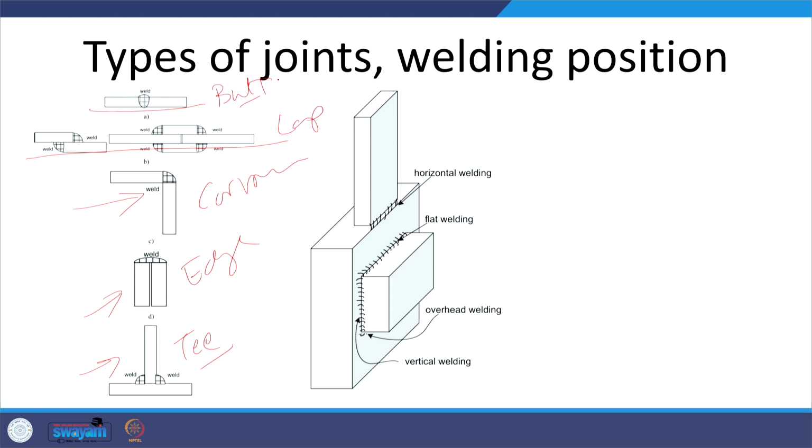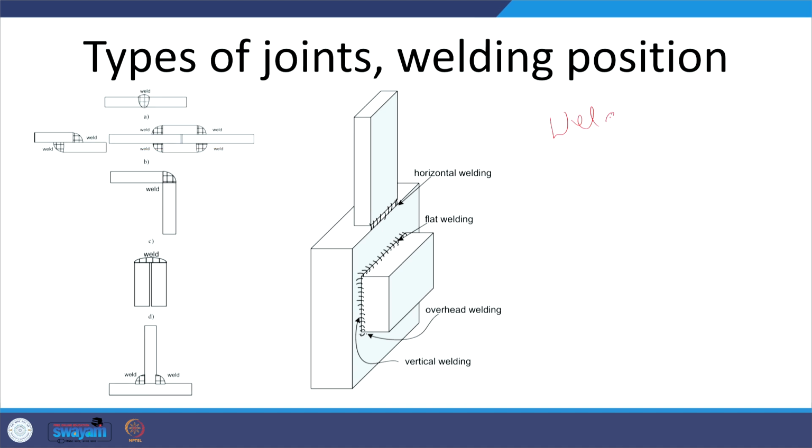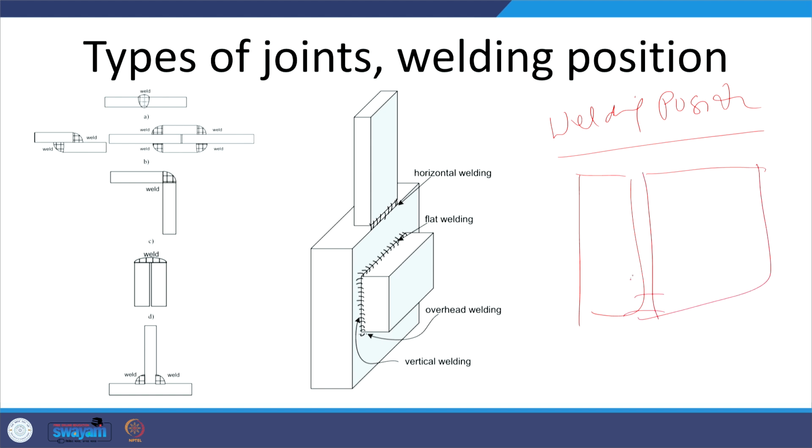Now, the position in which the welding is done is called the welding position. Say the two plates are placed on the table in horizontal position and the welding is done, then it is called flat welding.